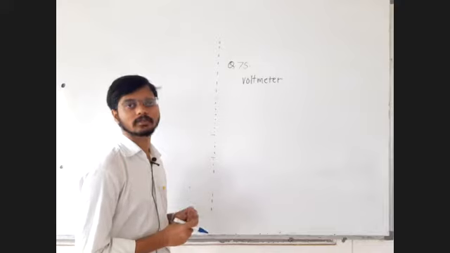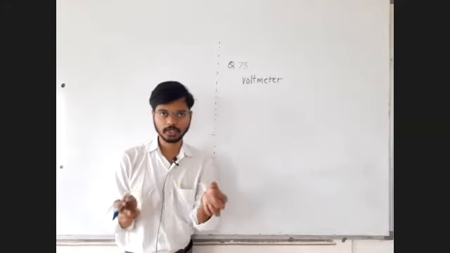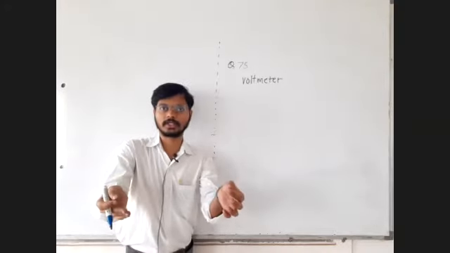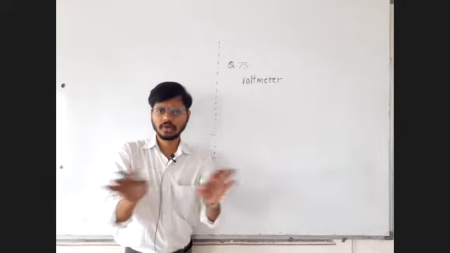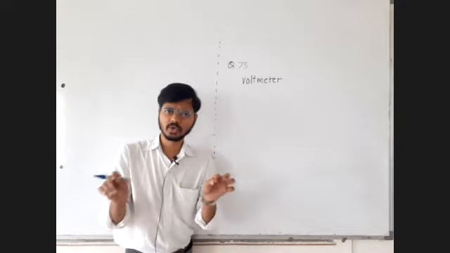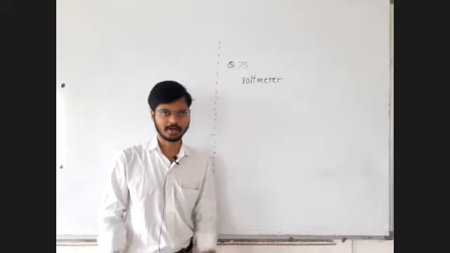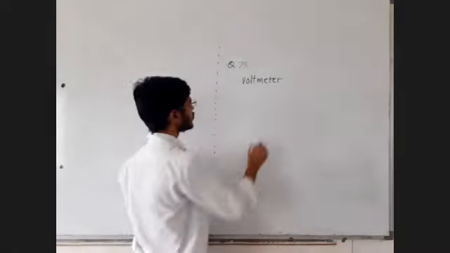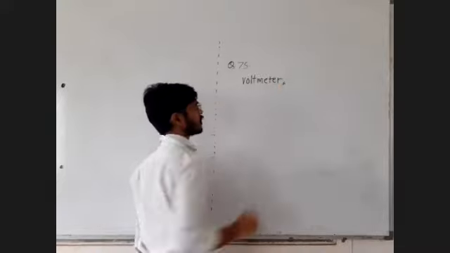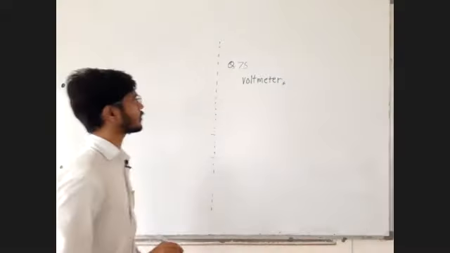But voltmeter measures potential difference between two points, so you do not have to cut the branch. You simply have to connect the voltmeter in parallel with something. We will discuss what is voltmeter and solve the examples of voltmeter afterwards.